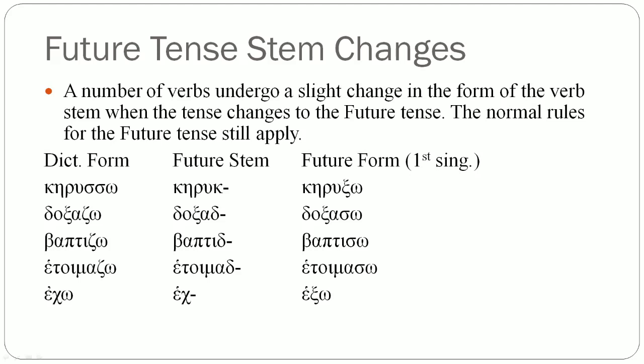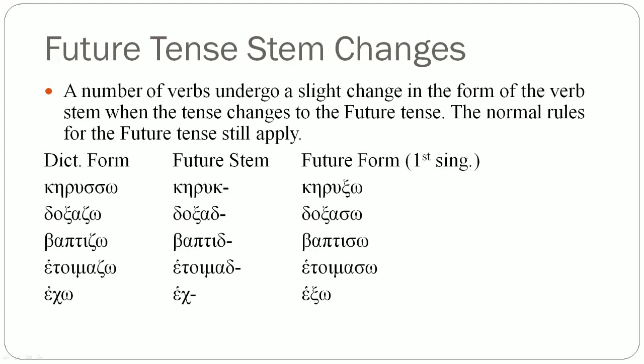All right, next word, doxazo. Delta, omicron, xi, alpha, zeta, omega. This word means I glorify. Same basic root as doxology. The doxology is a song of praise. And so this is the word I praise or I glorify.